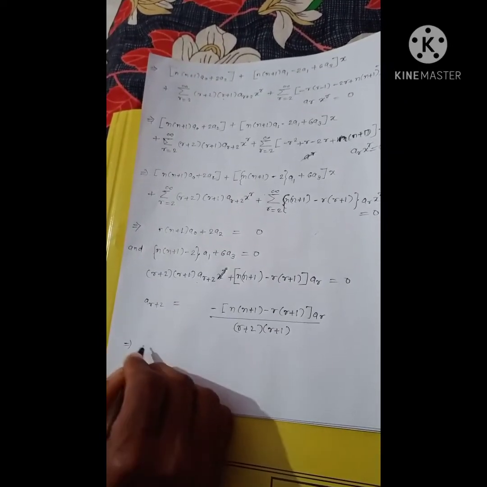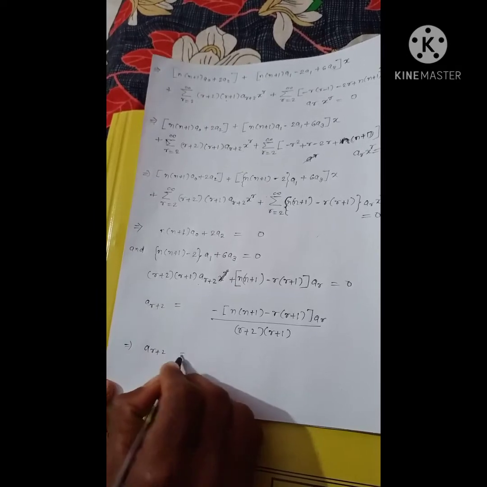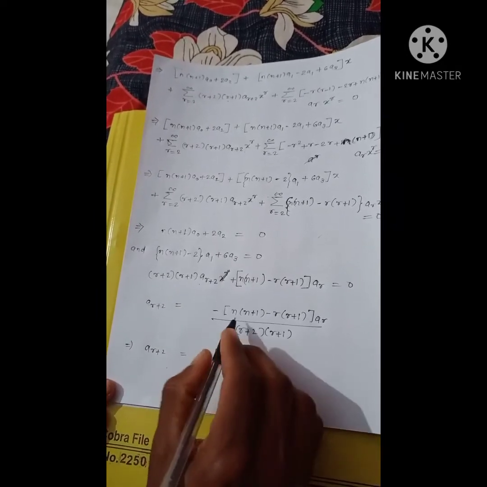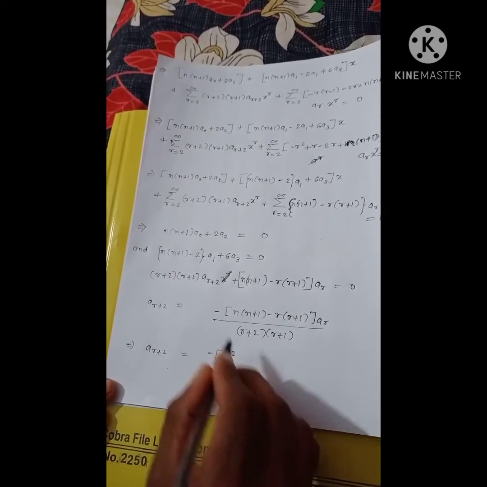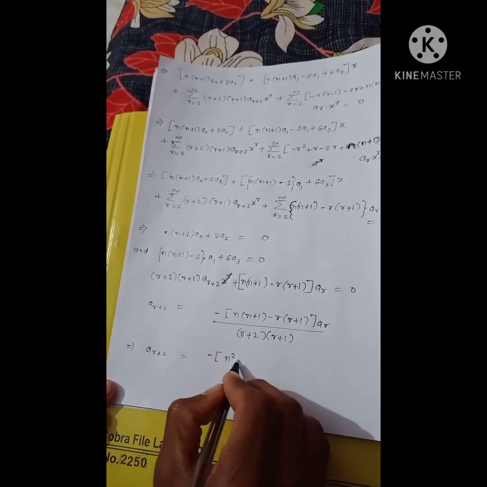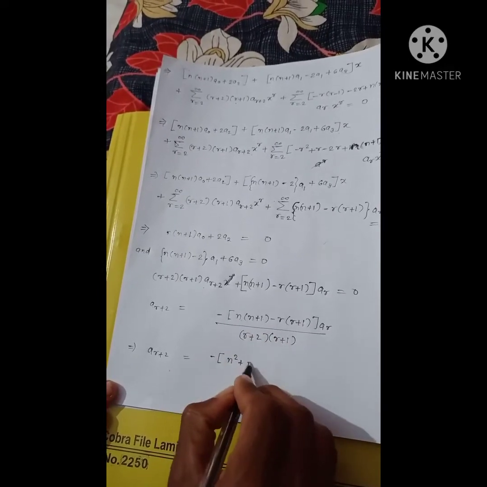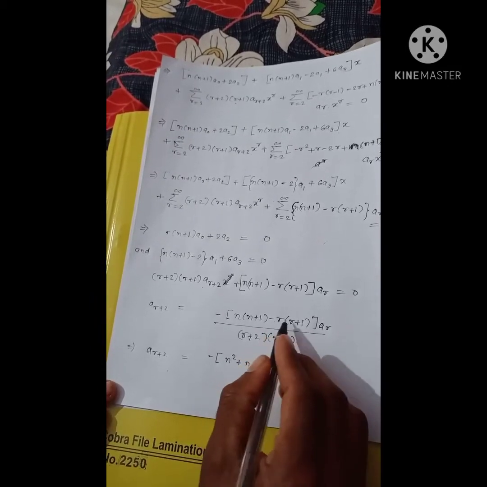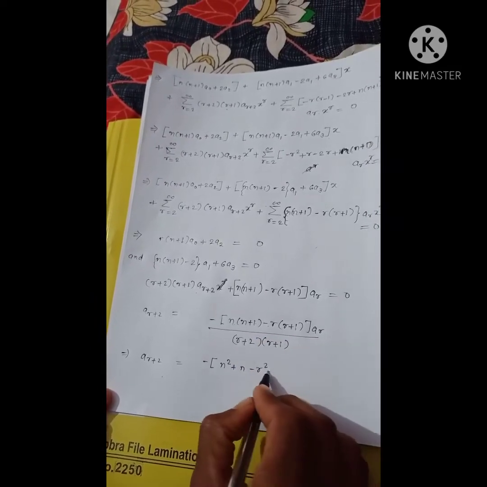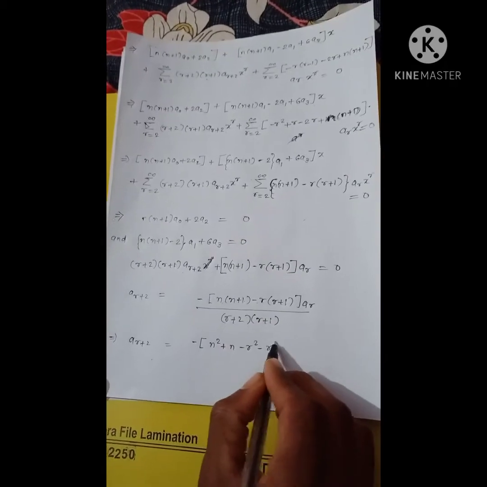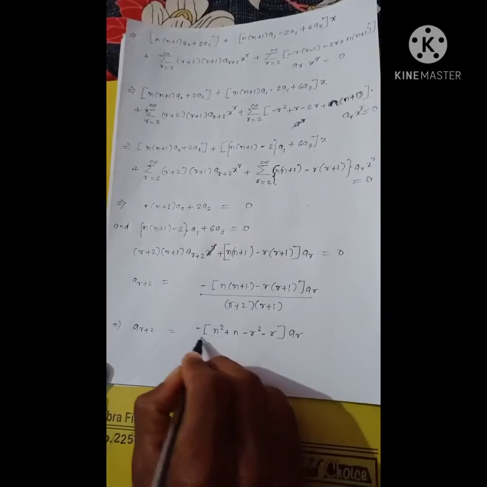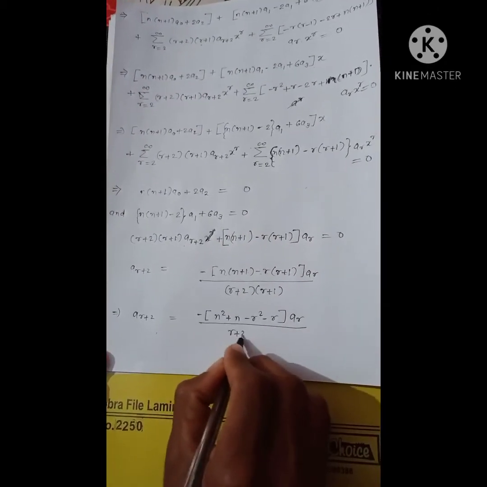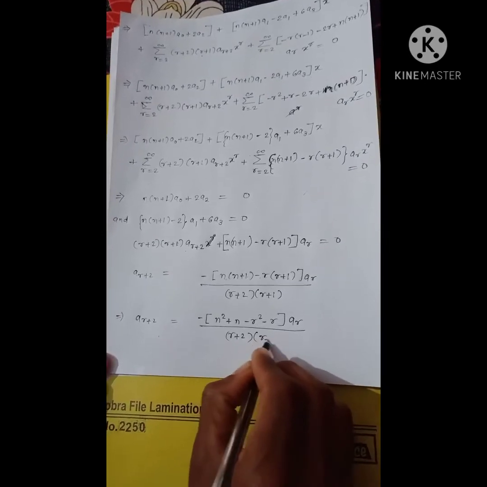Now ar plus 2 is equal to minus n square plus n minus r square minus r into ar upon r plus 2 into r plus 1.